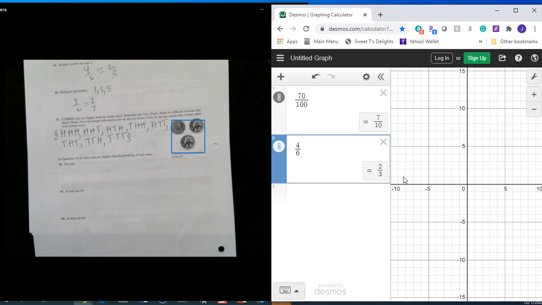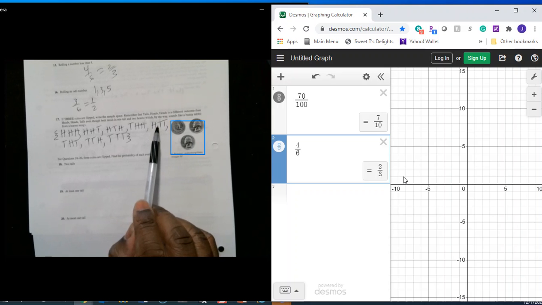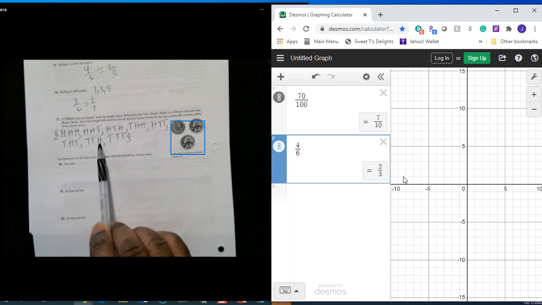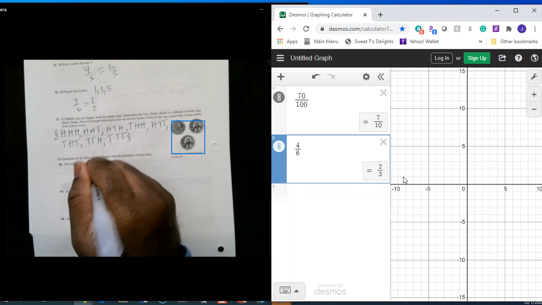Now it says for questions 18 through 20, 3 coins are flipped. Find the probability of each event. It says 2 tails. So if we get 2 tails, we only have 1, 2, 3 times that we only get 2 tails. So that'll be 3 out of 8.